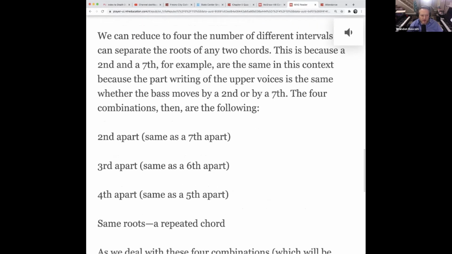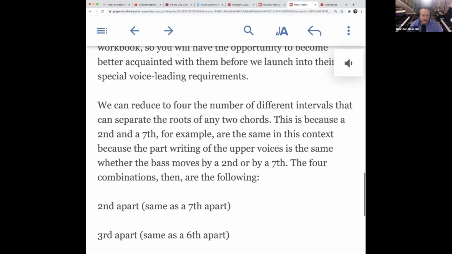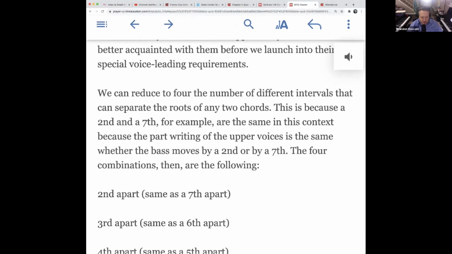We can reduce to 4 the number of different intervals that can separate the roots of any 2 chords. This is because a second and a seventh, for example, are the same in this context, because the part writing of the upper voices is the same whether the bass moves by a second or a seventh.